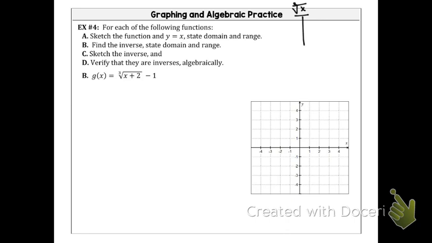I want numbers I can take the cube root of, so like negative 8, negative 1, 0, 1, and 8. I take their cube roots. And then this one says x plus 2, so we know we're going to subtract 2 from our x's, and we're going to subtract 1 from our y's.